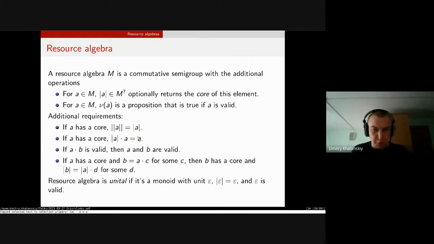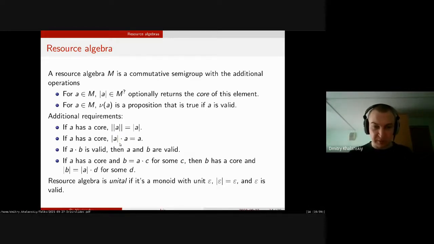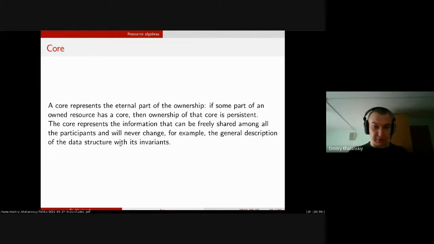If someone owns an A, then it owns an A and also owns the core of A. If someone owns the core of A, then because of this rule, someone owns two copies of the core of A, or 3 copies, or really arbitrary many copies. So these copies can be freely shared among all the threads. They can be put in invariants.